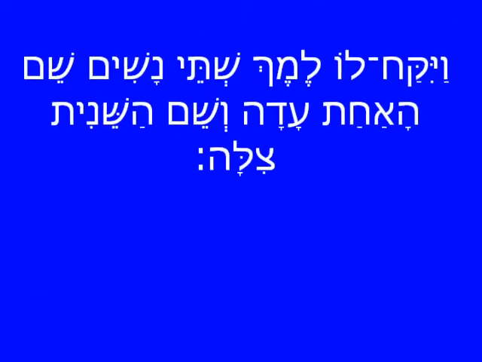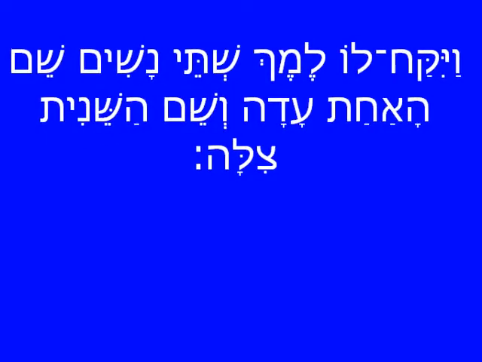Another set of names of women appears in Bereshit Daled, Genesis chapter 4, Pasuk Tet-Zayin, the 19th verse. And we read, V'yikach lo lamech shtei nashim, shem ha'achat Ada, v'shem ha'shenit Tzillah. So these are also the names of Lamech's two wives.